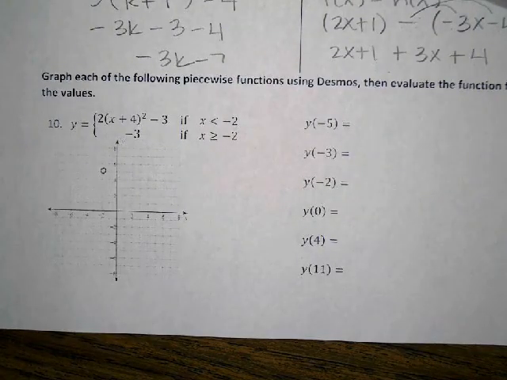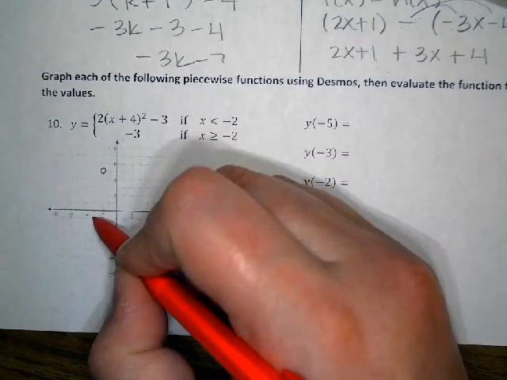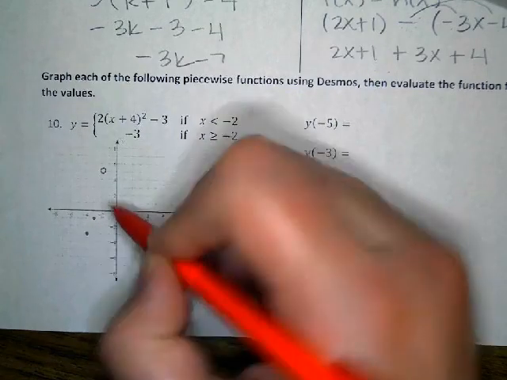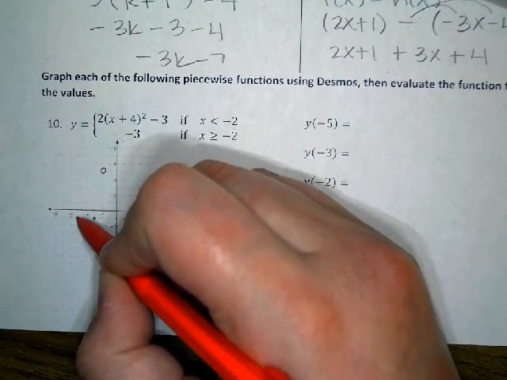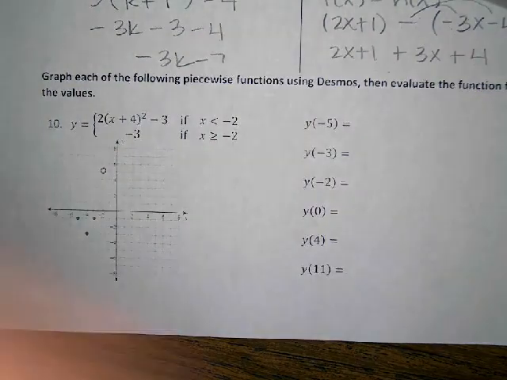So apologies. Okay, then we've got these points. So -3, -1, -4, -3. -5, -1. We got this one up here. -6, 5.